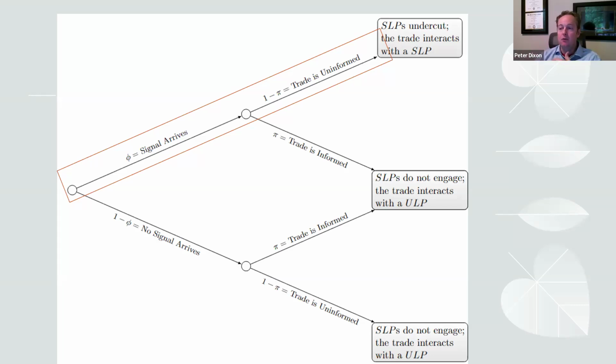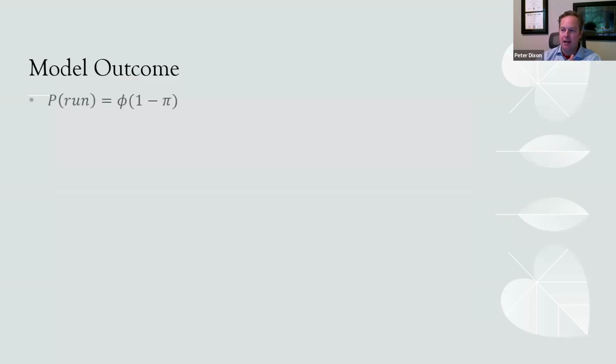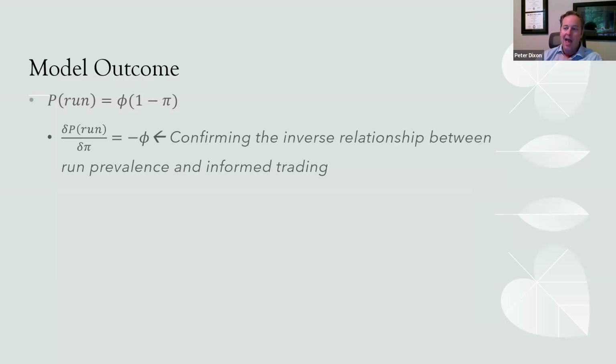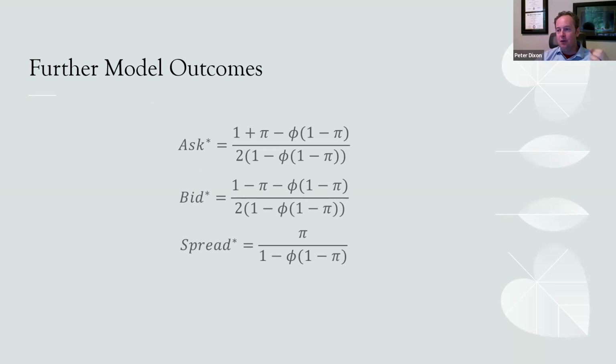So the probability of a run is going to be equal to phi times 1 minus pi. And so this is kind of our measure of run prevalence in the market. And you don't even have to do the derivative, but the derivative of the probability of a run with respect to the informed trading risk is just negative phi. The informed trading risk is pi. And so there's an inverse relationship between run prevalence and informed trading. Now, the model has a few other predictions.